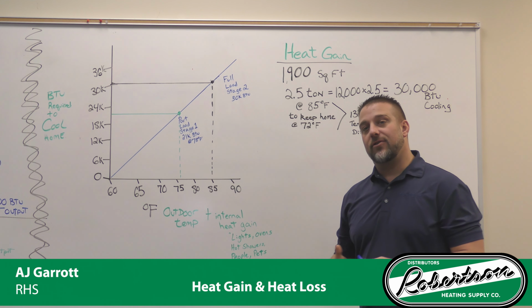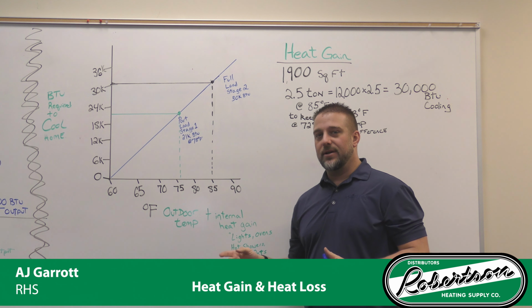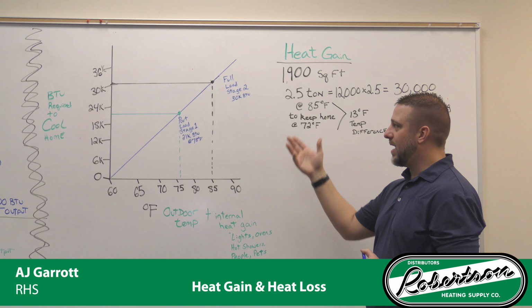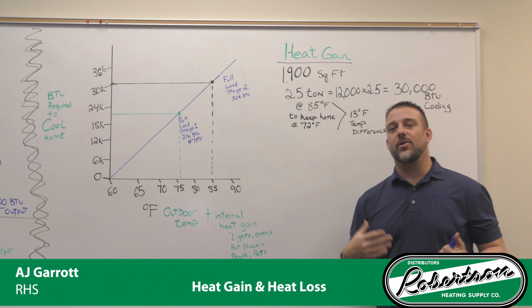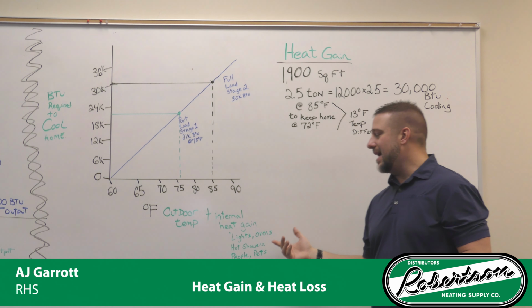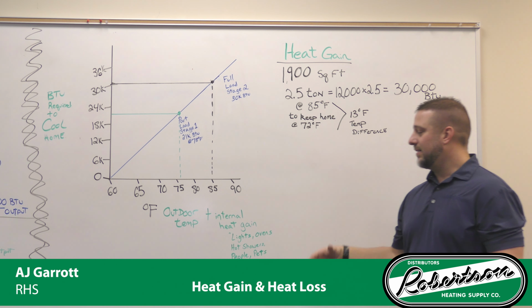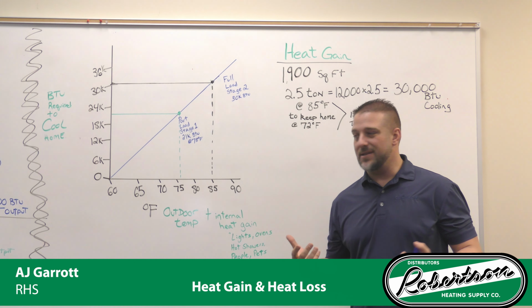Now what we need to take into effect is that there are other things besides outdoor temperature that may make a difference on what size cooling unit we choose. There are things called internal heat gains. Internal heat gains can be anything from lights to people, pets, to even ovens and hot showers and anything else like computers and TVs.